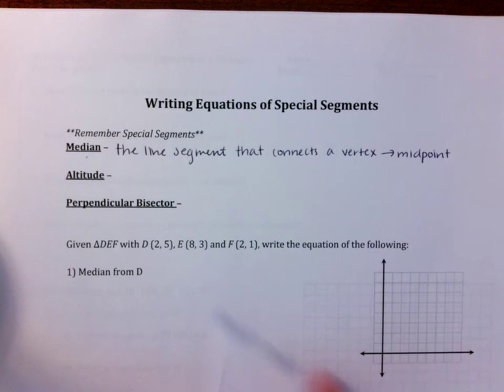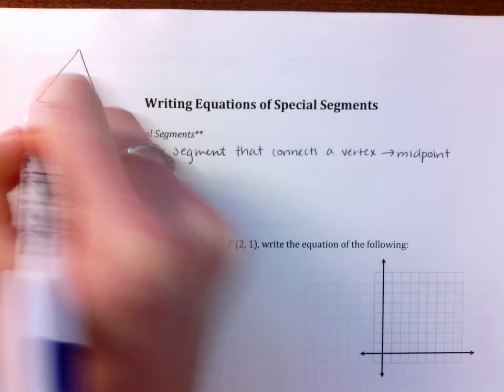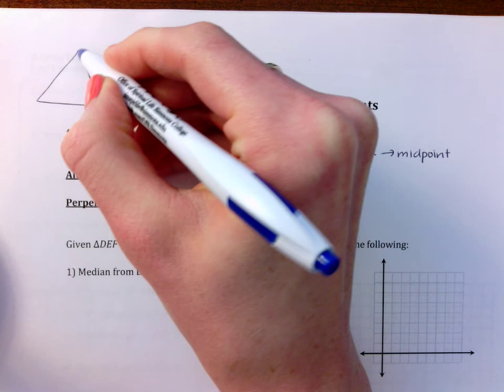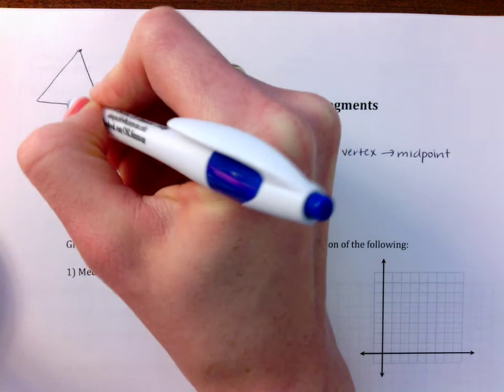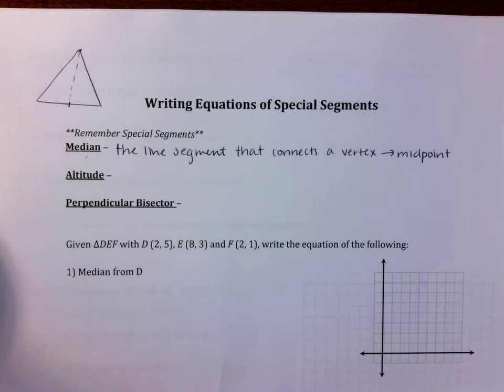So the median, if we were to draw a triangle up here, is going to go from the vertex up here to the midpoint down here, so that would be the median.